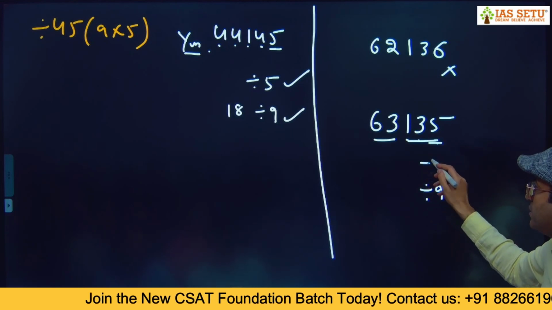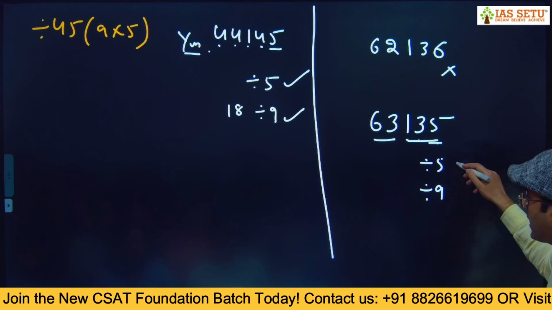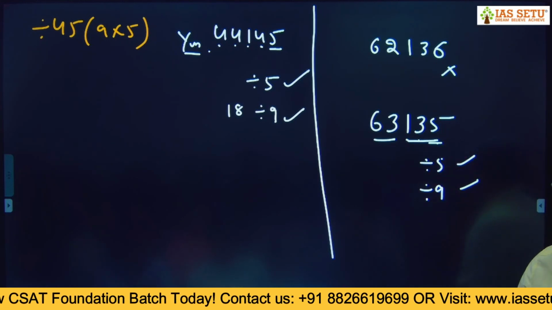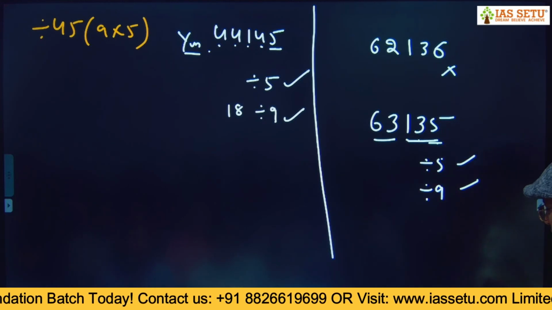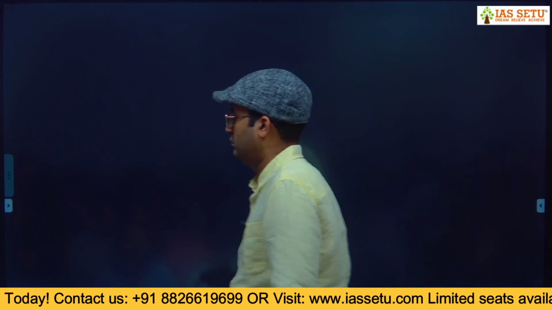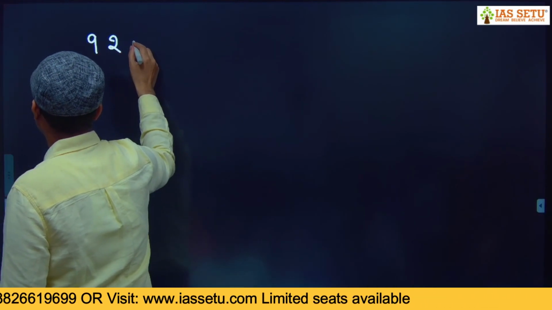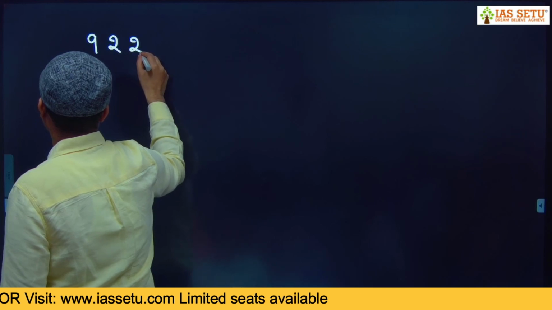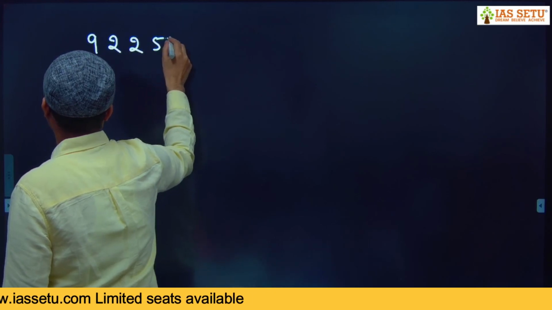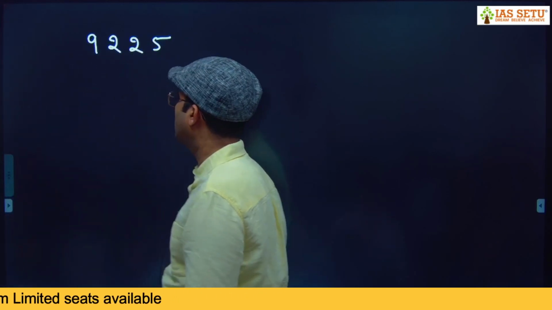Since it is divisible by 5 as well as 9, the given number is divisible by 45. Try one: 9,225. Is it divisible by 45? Yes.